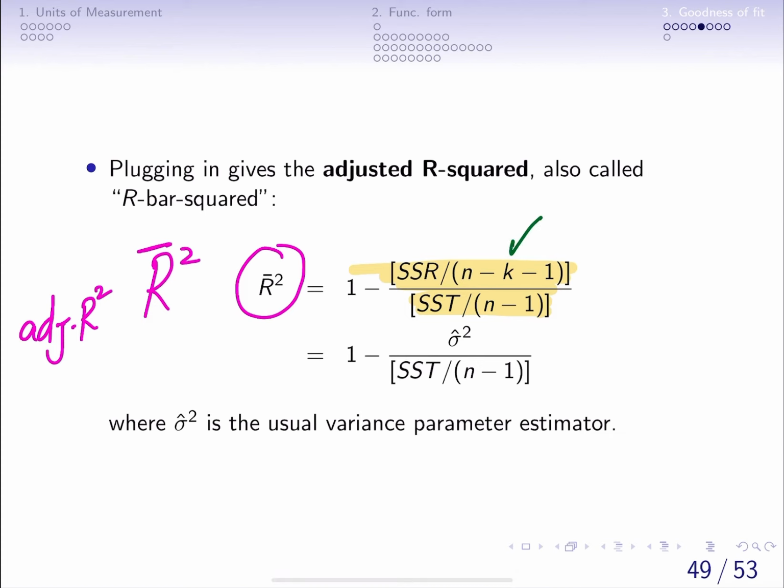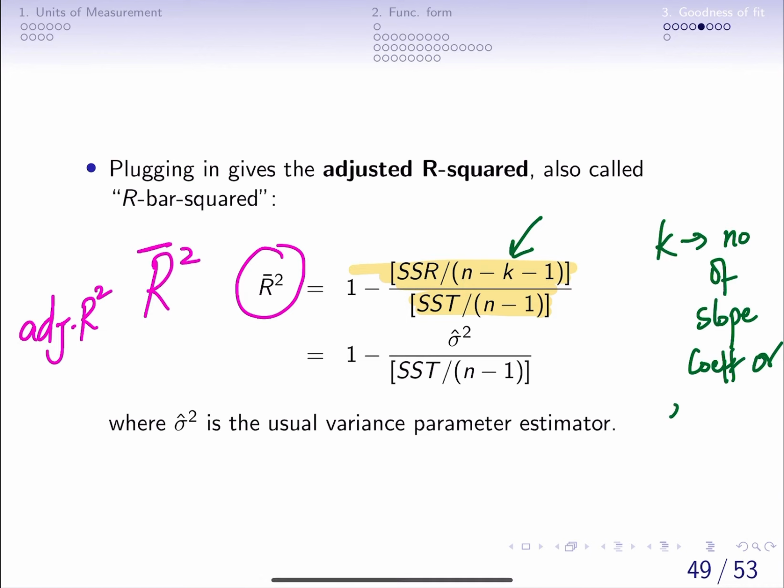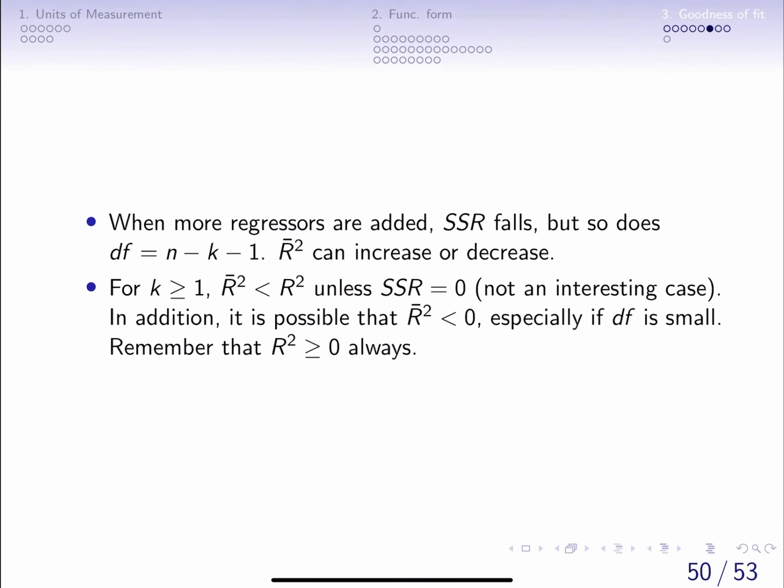Notice the k here: k is the number of slope coefficients that you're estimating, or you can say k is the number of explanatory variables in your model. Here I would say using adjusted r-squared is always a better way to go about things.